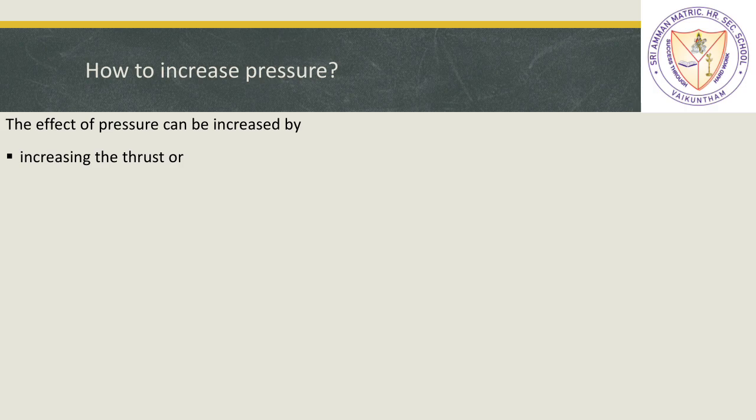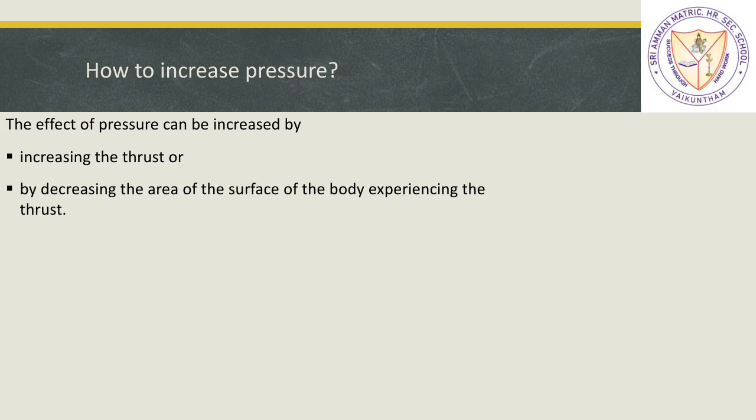So we remember the formula is P is equal to force or thrust divided by area. That means thrust is in the numerator and area of contact is in the denominator. So if the numerator increases, the value will be increasing. If the denominator decreases, then also the value will increase.